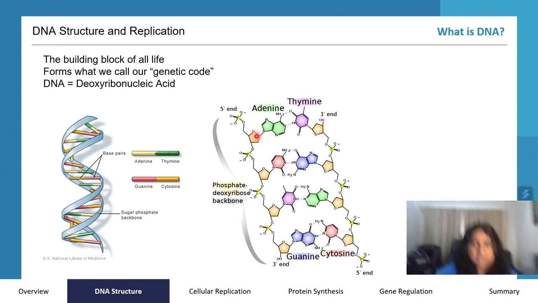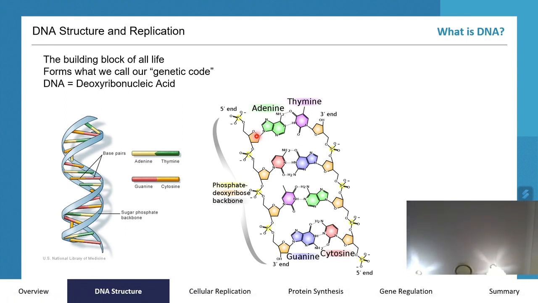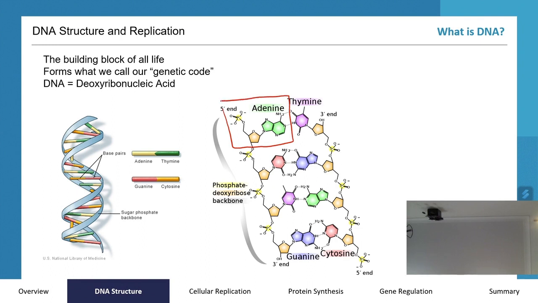I'm just going to flip over my screen so I can annotate on the slides now. So these three components right here make up one nucleotide or one base component of DNA.